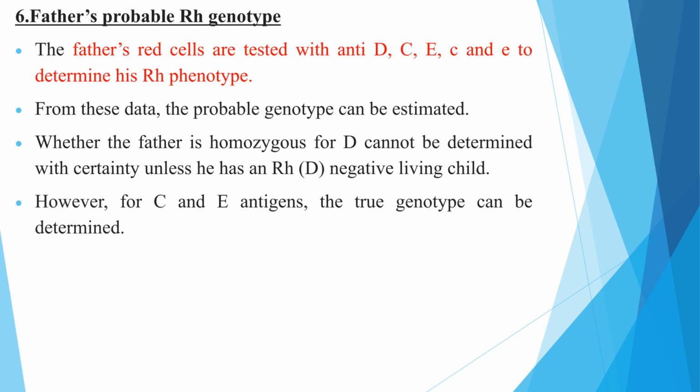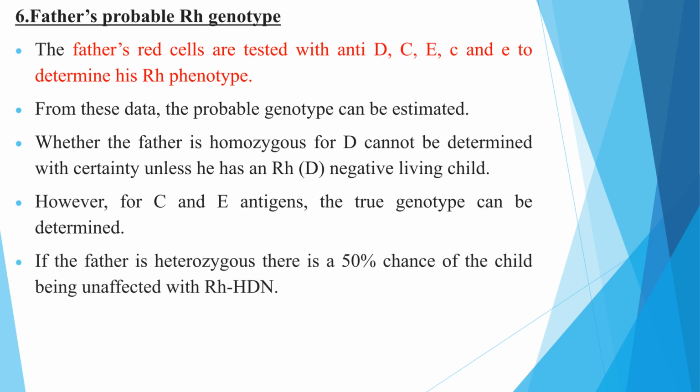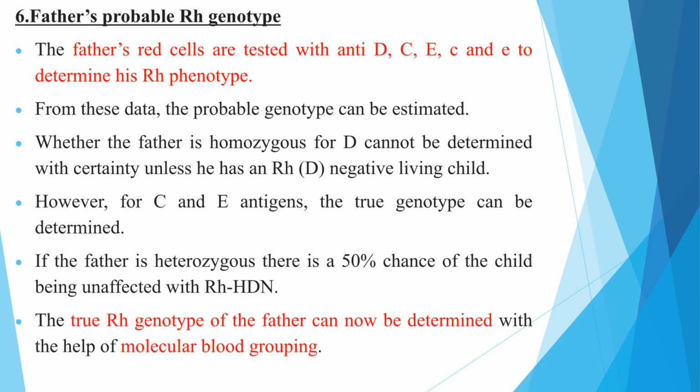However, for C and E antigens, the true genotype can be determined. If the father is heterozygous, there is a 50% chance of the child being unaffected with Rh-HDN. The true Rh genotype of the father can now be determined with the help of molecular blood grouping.